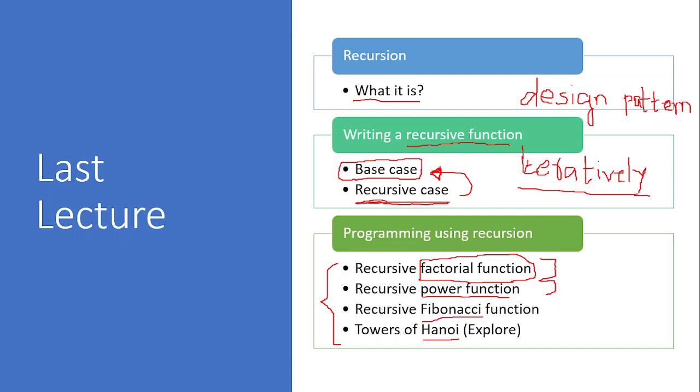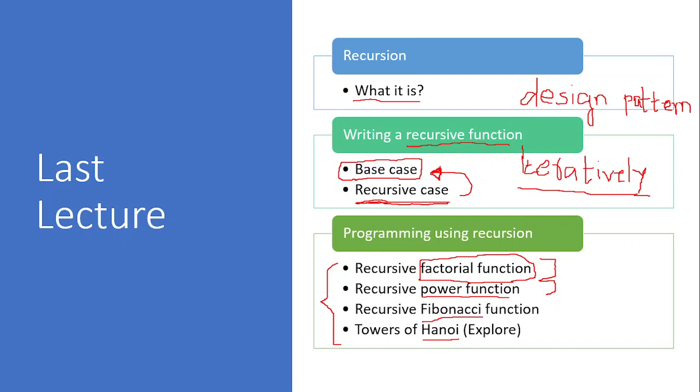We can have one recursive case or more than one, and all those cases must approach the base case successively over the execution of the recursive function. We must reach the base case. If that does not happen, then this recursive function would execute forever.